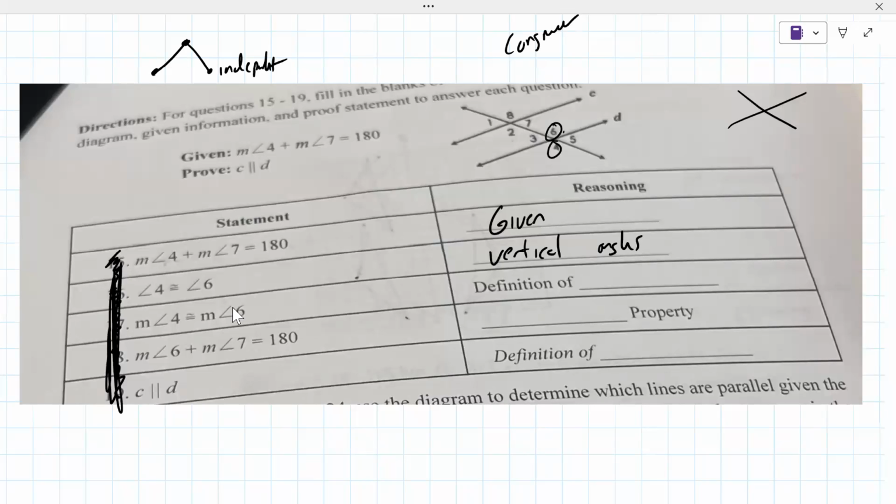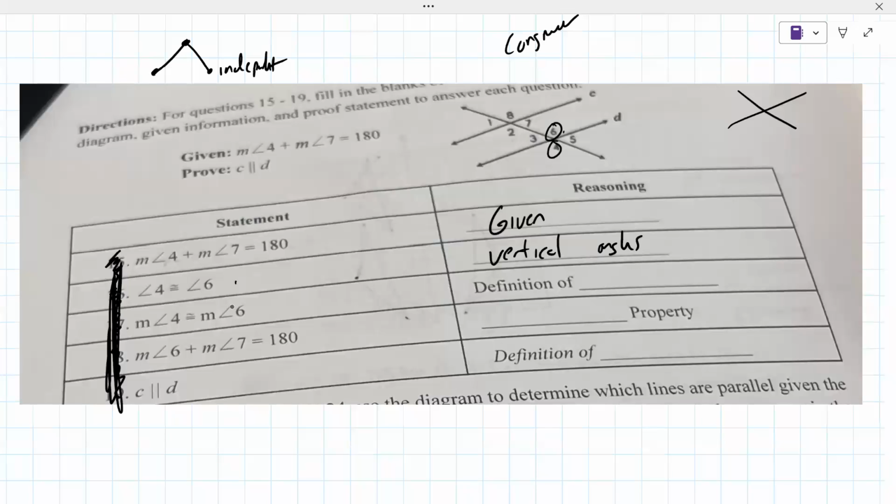Okay. Definition of vertical angles? Nope. Go back. It's in the previous proof we did.